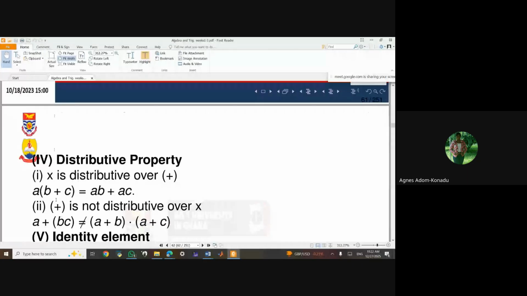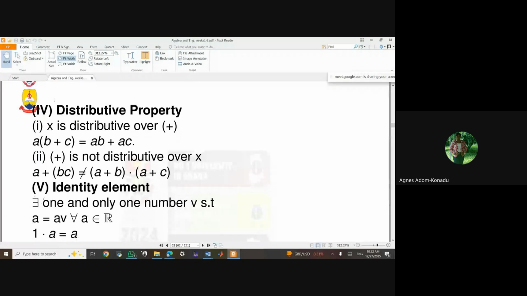But note that addition is not distributive over multiplication. Multiplication is distributive over addition, but addition is not distributive over multiplication, because a plus (b times c) is not equal to (a plus b) dot (a plus c).